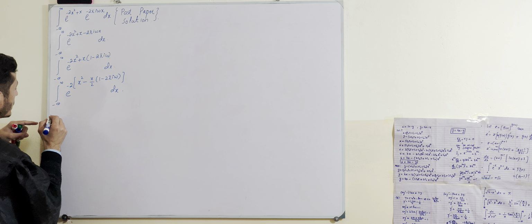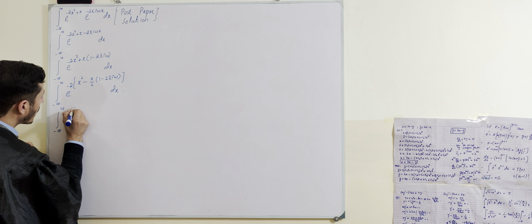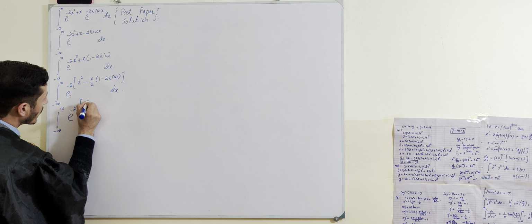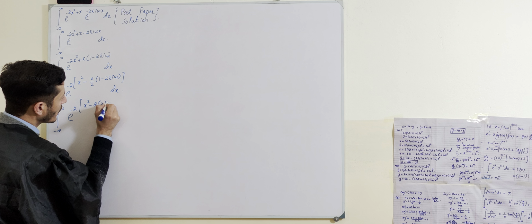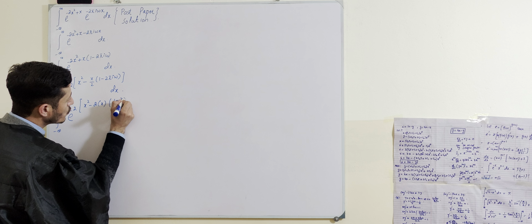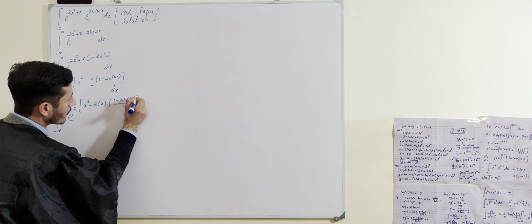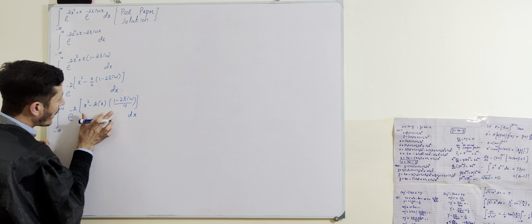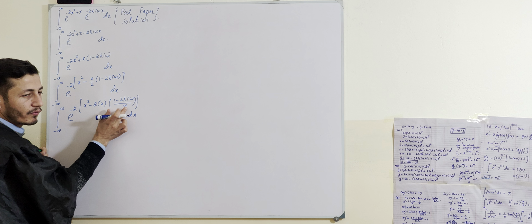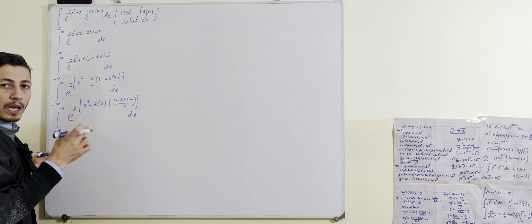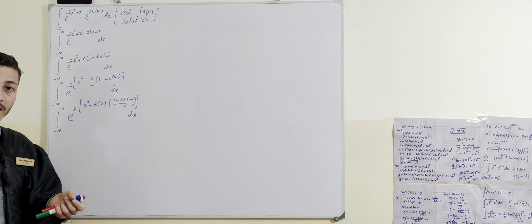Now I can write it in the form of e^(-2(x² - 2x(1 - 2πiω)/4)). To write the power in the complete square, I have to add the square of this term, and if I add the square of this, I must subtract it also.